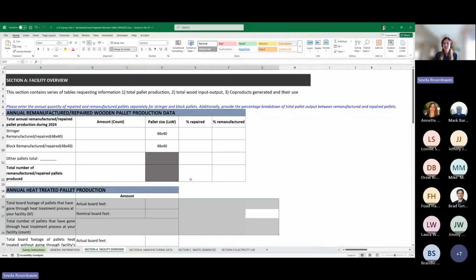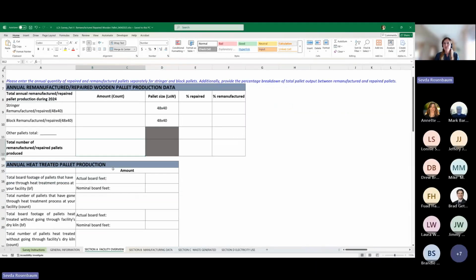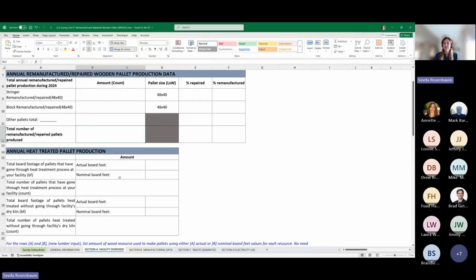We'll try to specify the difference between repaired and remanufactured pallets in the study a little bit more. We weren't able to collect very specific data to differentiate them, but we're going to try this time around to have more precise data.